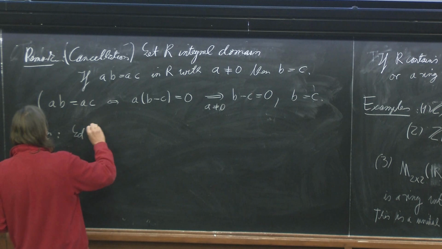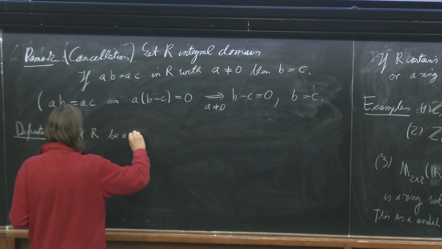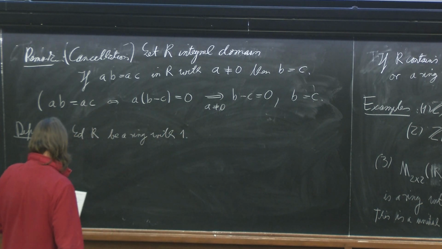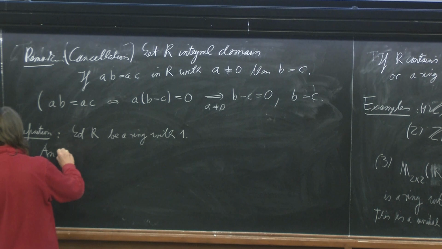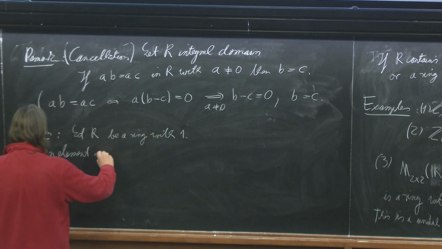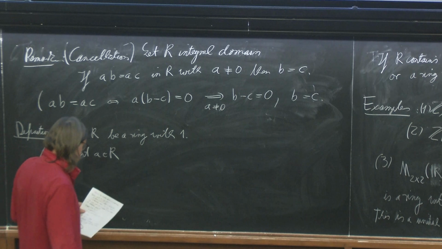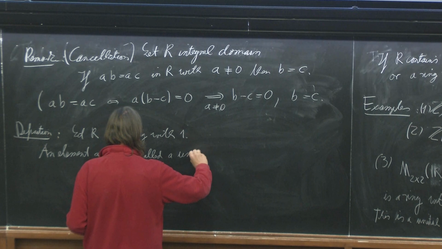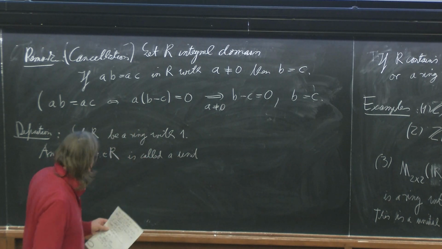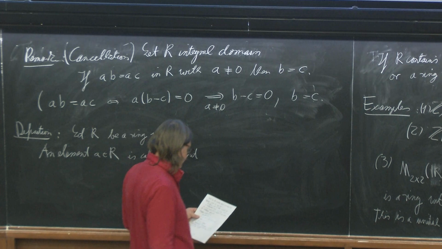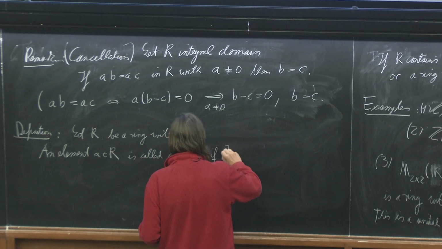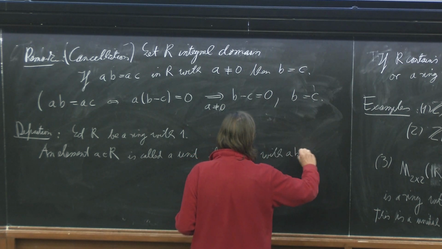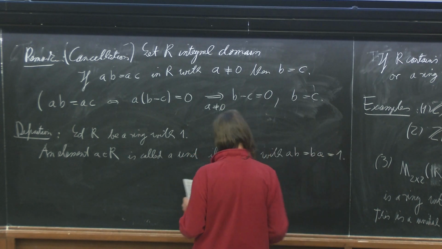So let R be a ring with 1. An element A in R is called a unit if it's invertible for the multiplication, so it has a multiplicative inverse. So if there exists an element B in R with A times B equal to B times A equal to 1.